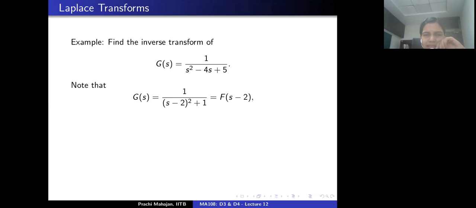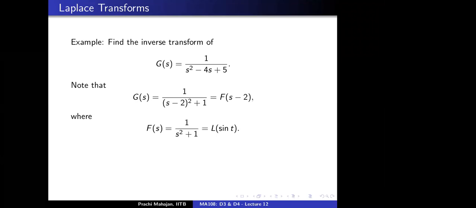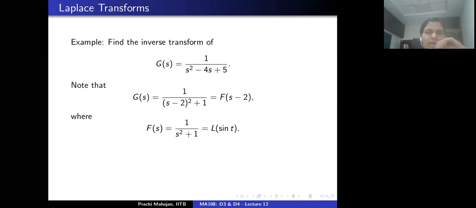One can write it as the Laplace transform evaluated at s minus 2. And what is the function little f for which capital F is the Laplace transform? The function little f is sine of t. The Laplace transform of the sine function is 1 upon s squared plus 1.